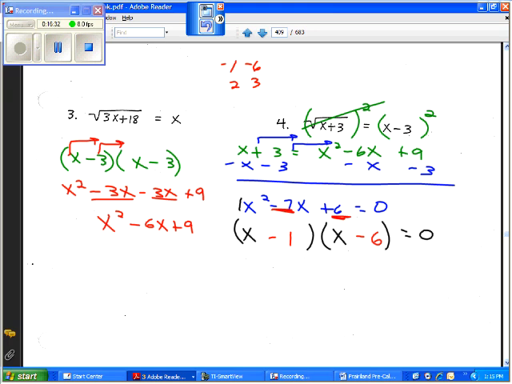We've been around enough to know that if there's a factor of x minus 1, then there's a root of positive 1. If we have a factor of x minus 6, then we have a root of 6. But again, we have to plug those in to validate them.